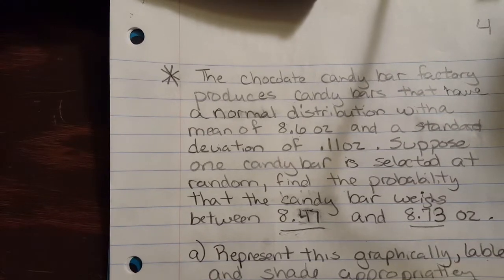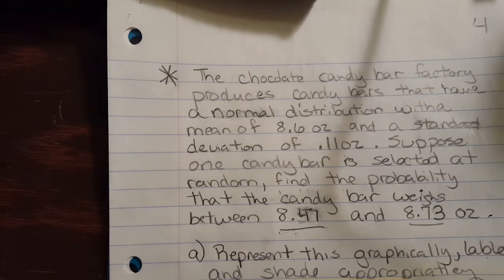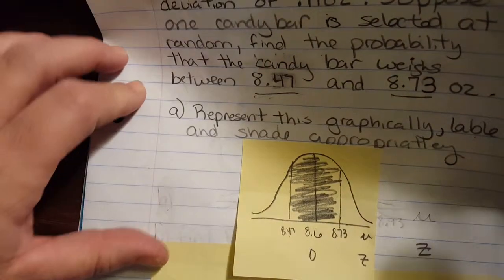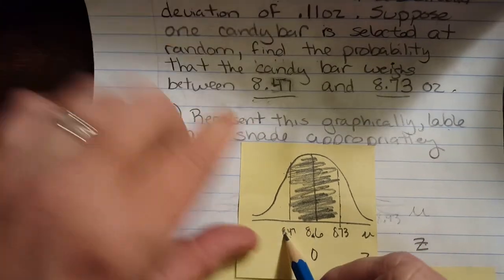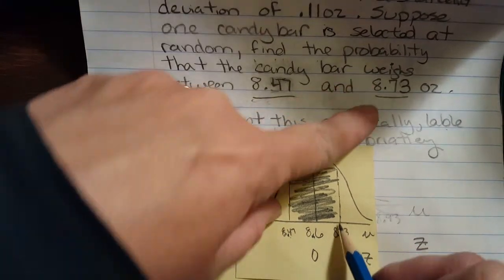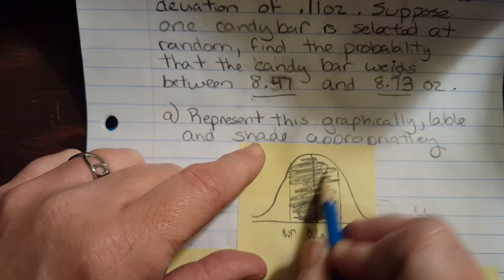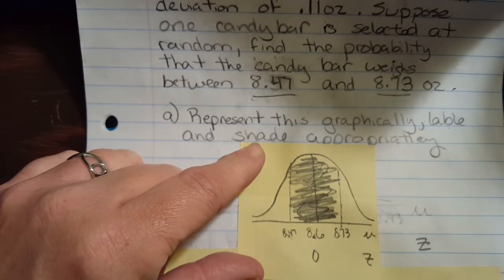So the z-score, oops, you can't even see what I'm doing, sorry. So here's my mean, here's my lower, here's my upper, and we're trying to find out what is in between.